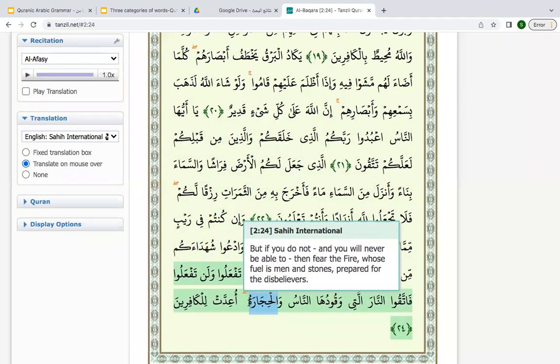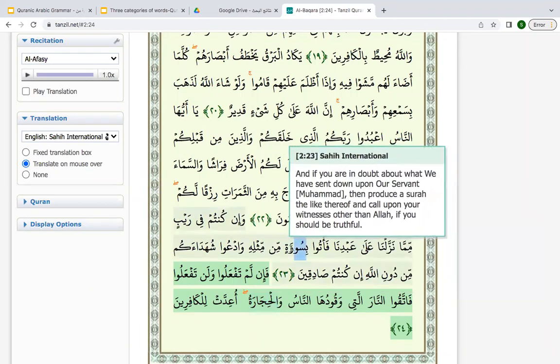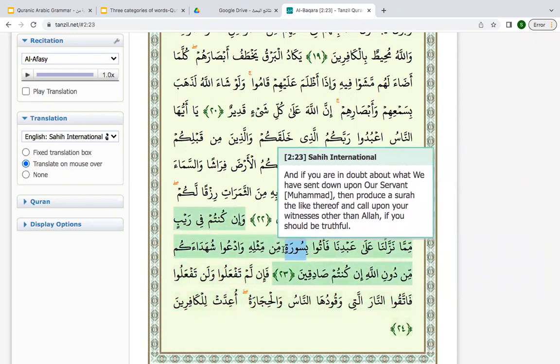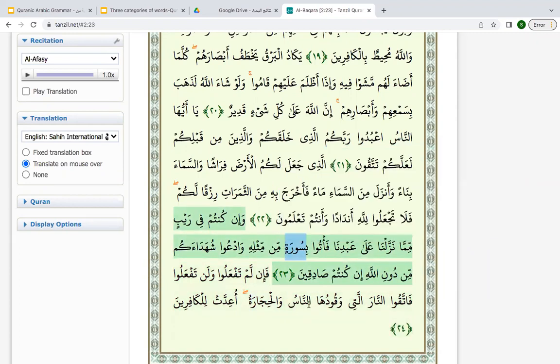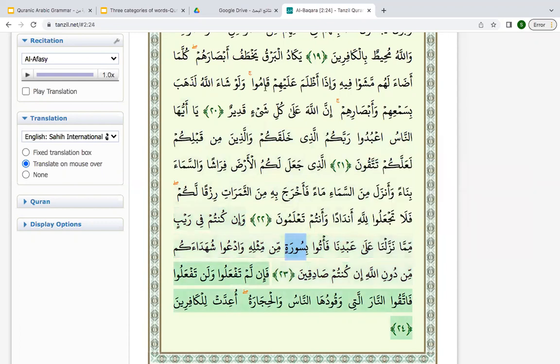Al-hijara. Is it feminine or masculine? Feminine, because there is a sign attached there. Surah. Al-barq.